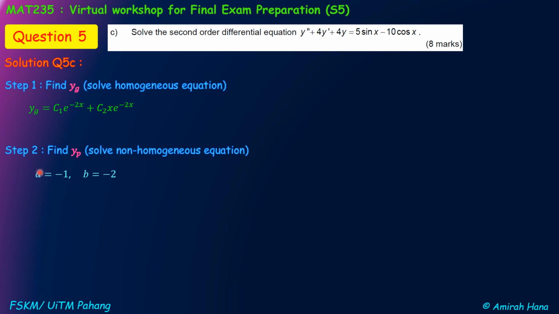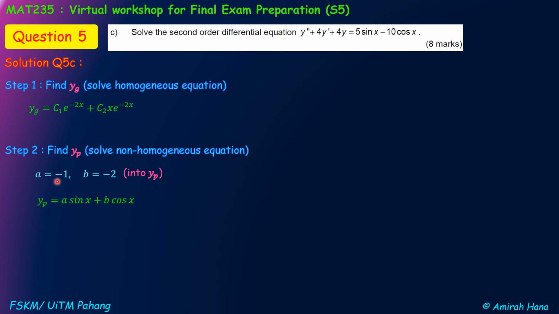From the previous slide, under step 2, we get A equals negative 1 and B equals negative 2. After that, we substitute the values of A and B into yp. We recall yp equals A sin x plus B cos x.